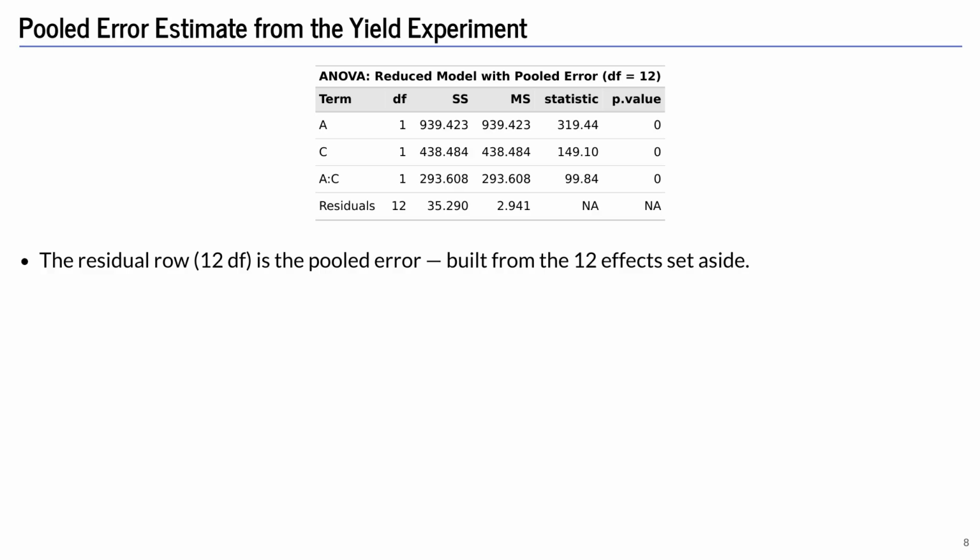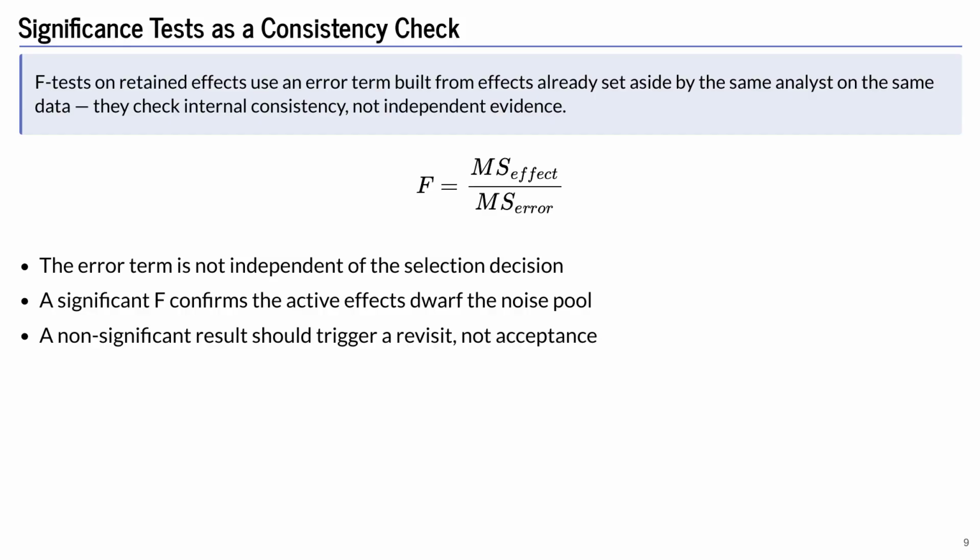This mean squared error of 2.94 is now our working estimate of experimental noise. It will be the denominator in the F-tests and the basis for confidence intervals on predictions. Before we read the F-test results, I want to make sure you understand what those tests actually are and what they are not. In a standard regression or ANOVA, the error term is estimated from data that are independent of the model selection process.